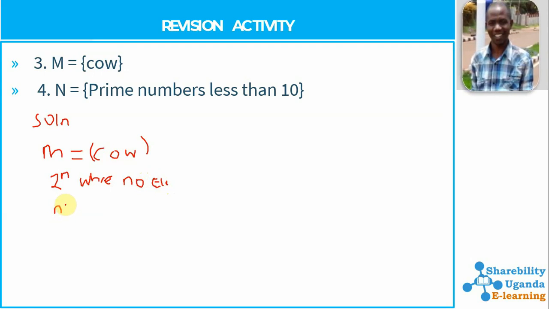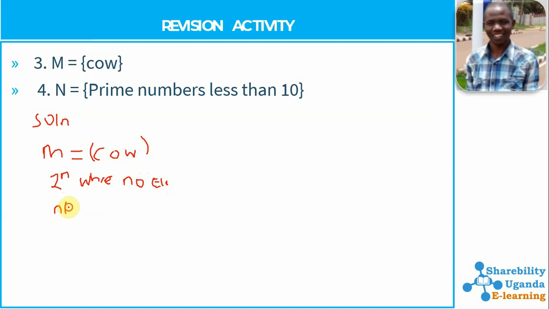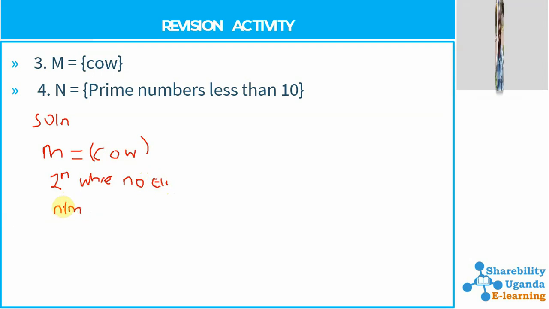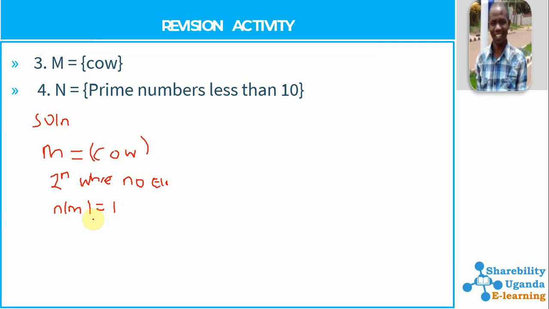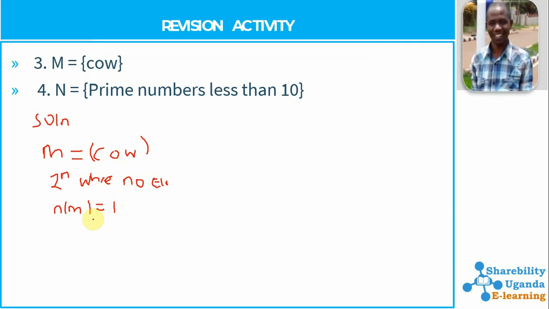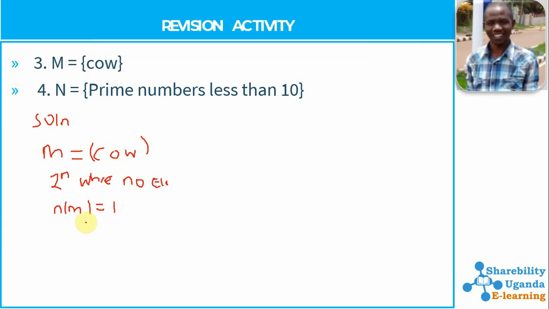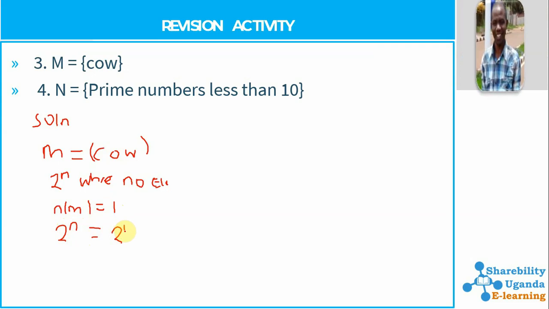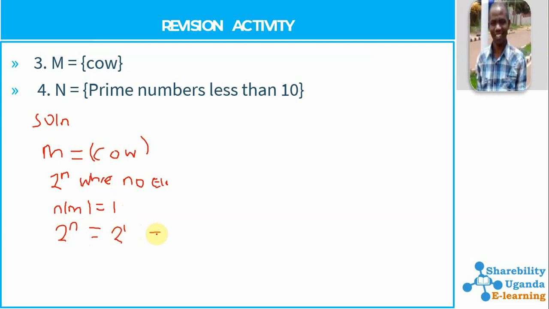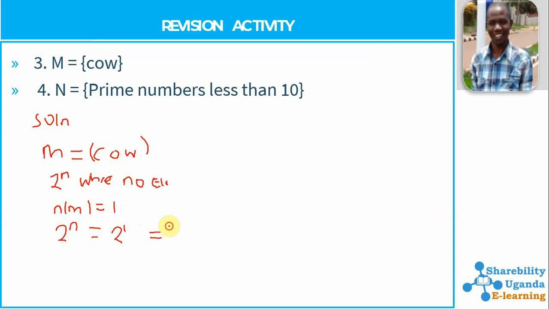For us to find the number of elements of set M, we say the number of elements of set M is equal to 1. When we know the number of elements, then it becomes simple for us to solve. So 2 to the power n will be equal to 2 to the power 1, where 1 is the number of elements.